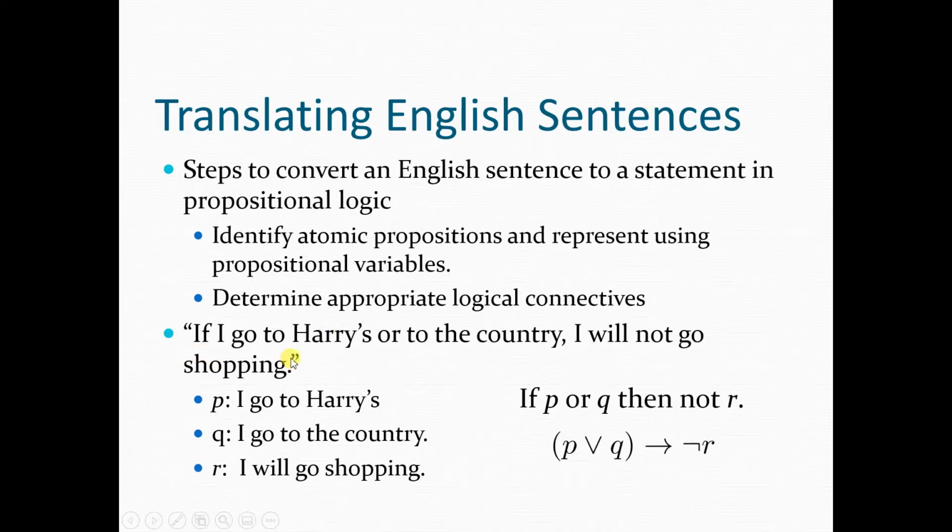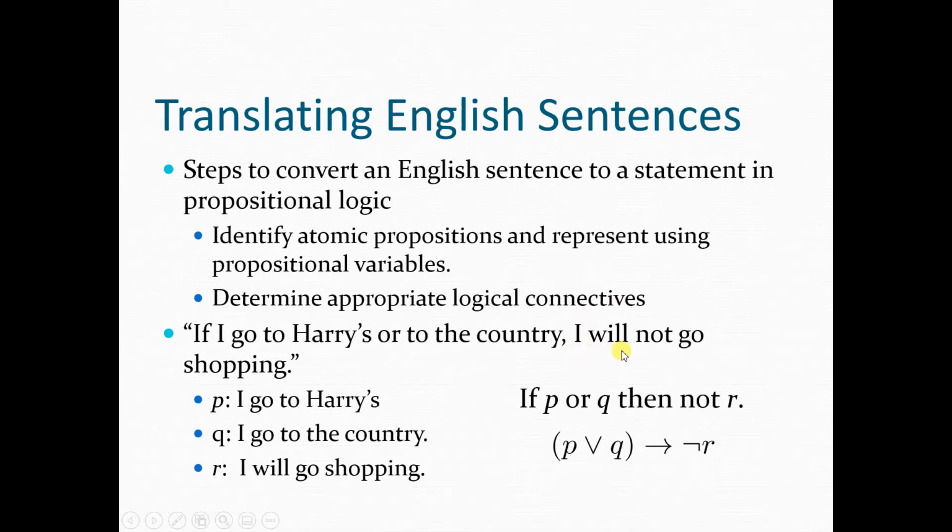If I go to Harry's or to the country, I will not go shopping. There are three small propositions used in this sentence. I go to Harry's: this is the first one, so let's assign the variable P to this statement. I go to the country: this is another statement, and let's assign Q to it.